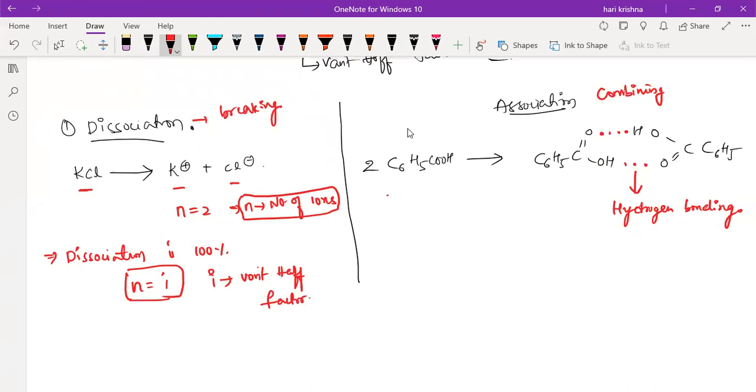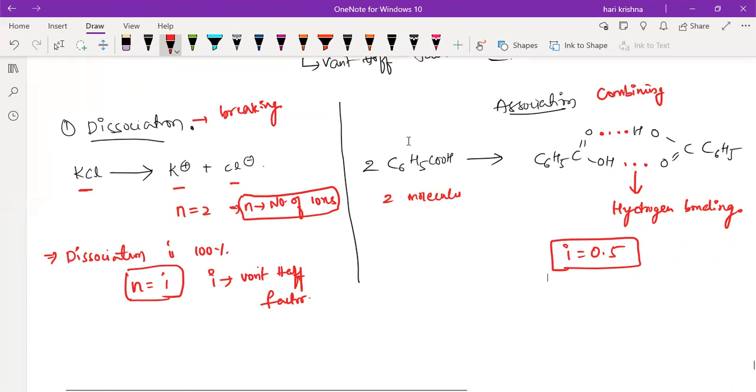Initially we have two molecules, but after association how many are there? Only one molecule is combined, right? So i is equal to 1 by 2, that is 0.5. So i is equal to 0.5 here in the case of association. Any doubts in these two?